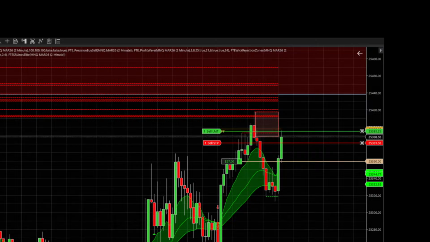Break a structure play, basically what that is, plus momentum.